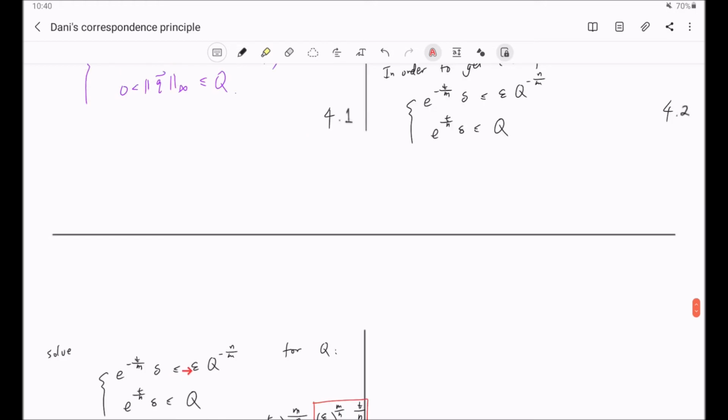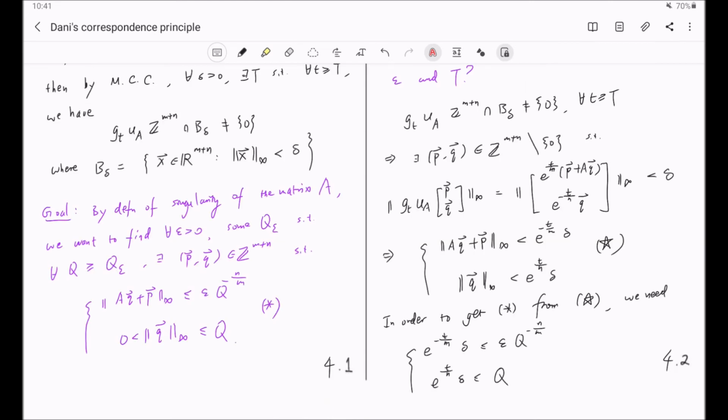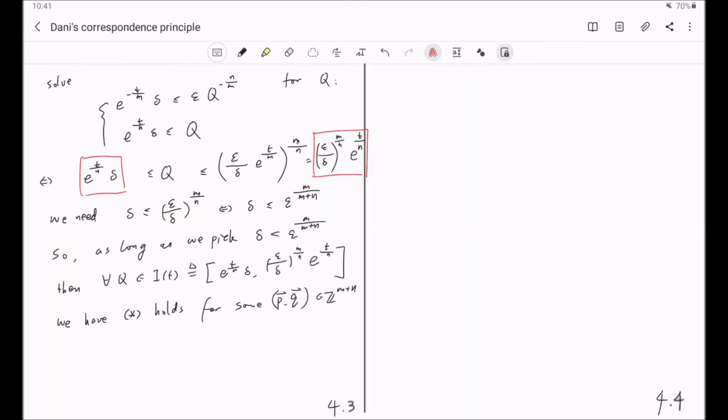Because this system of inequalities will give us the implication from star to the asterisk. And the existence of p, q is guaranteed from here. So this is true.